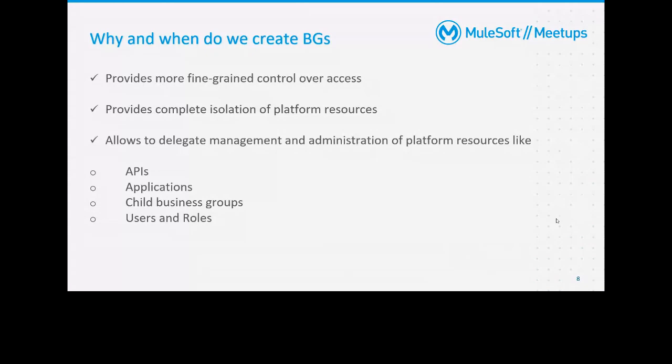That can be changed at a later point of time, but still you can control the access. So that's isolation of complete platform resources. Also, whenever you are publishing an asset to Exchange, the respective business group can hold it, and that will not be visible to other business groups.